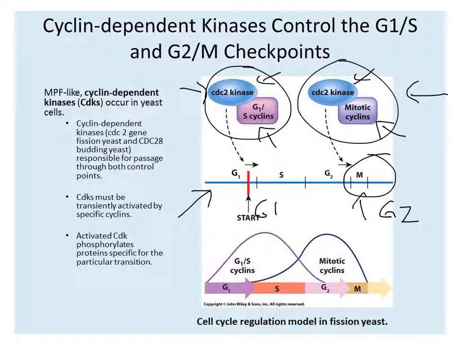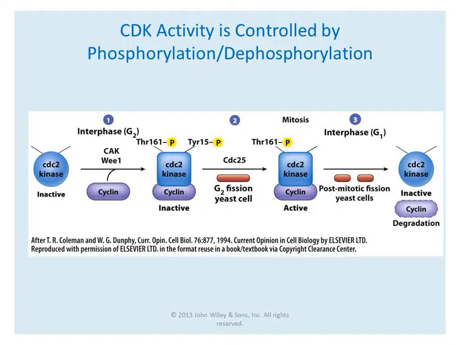Remember, kinases phosphorylate things, and their activity will lead to phosphorylation of key targets, which will trigger the next event. So how is this activity controlled so that only specific events are triggered in their proper order, when the cell's healthy and the conditions are correct for that division process?